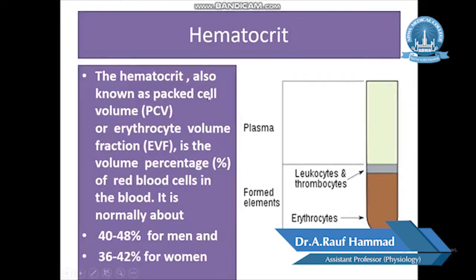Hematocrit is also known as packed cell volume, or erythrocyte volume fraction. It is the volume percentage of red blood cells in the blood. That is, in all this blood, from top to bottom, how much is the concentration of red blood cells. It is normally about 40 to 48% for men and 36 to 42% for women. Blood and hemoglobin are slightly less in women as compared to men.